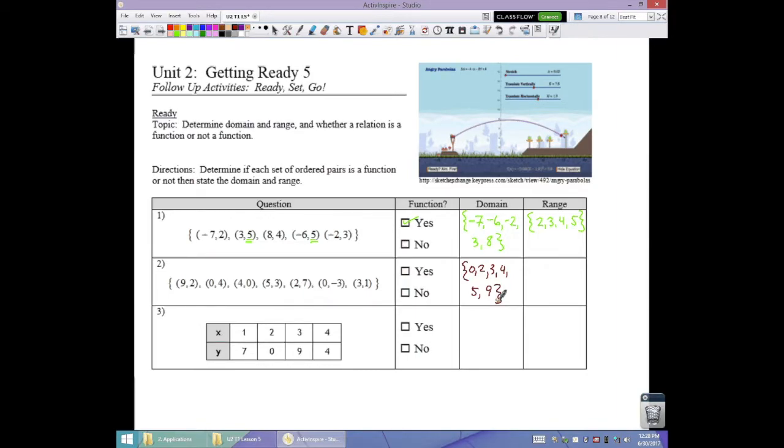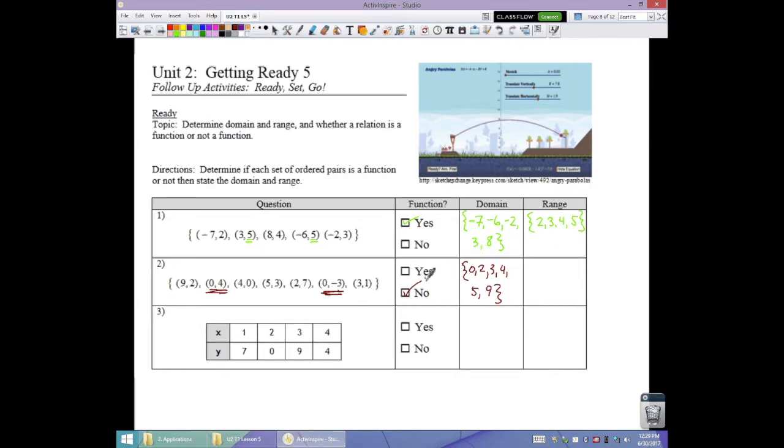So that's 6 values, but I have 7 points. What I'm seeing is this point 0, 4 and 0, -3 use the same x value, 0, but it's assigned to 2 different y values. It's assigned to 4, and then it's assigned to -3. So this one is not a function.